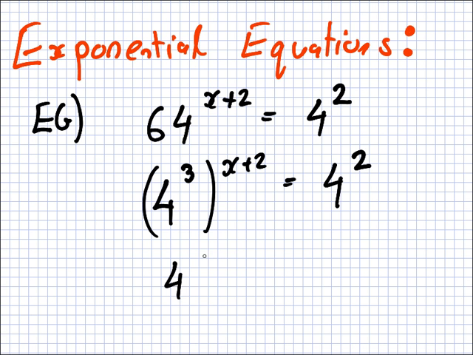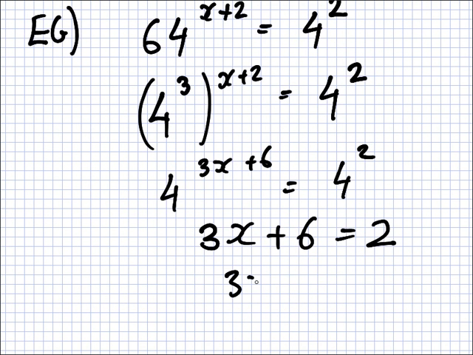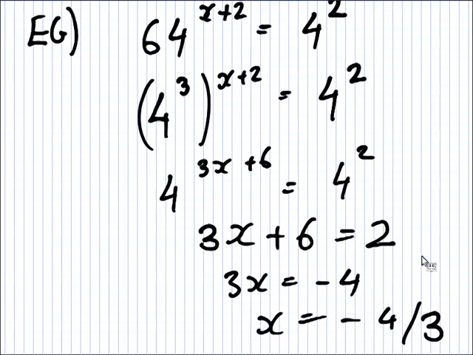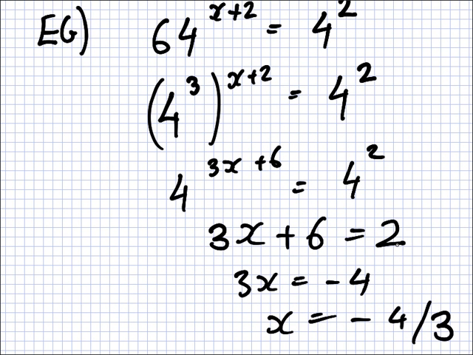So that's 4 power 3x plus 6, using rule 3, equals 4 squared. So it must be that 3x plus 6 equals 2. So that means 3x is minus 4, isn't it? So x is minus 4 over 3. Okay, that's our first example.